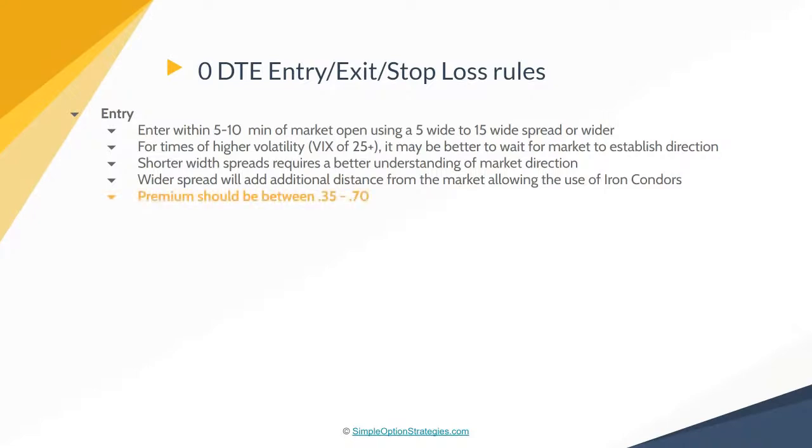All right. Premium should be between 35 and 70. Now, I usually get in around 45 to 50, around that range. Sometimes I've gone higher, sometimes I've gone lower. There's a difference between call credit spreads and put credit spreads, and this is a good time to talk about it.